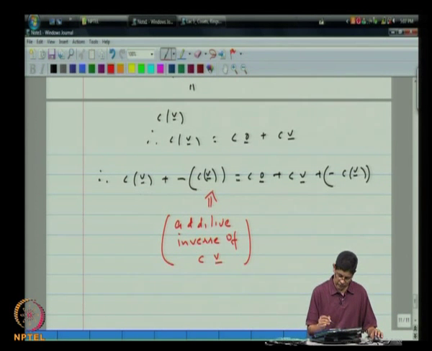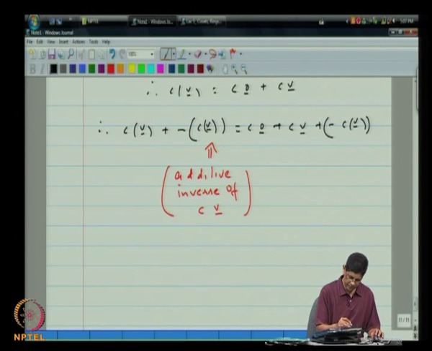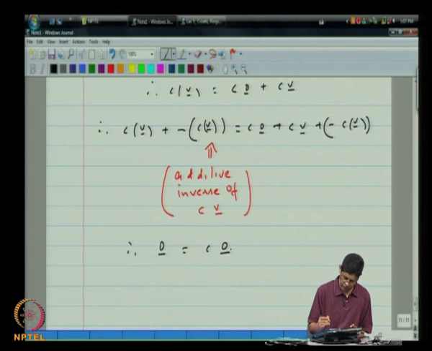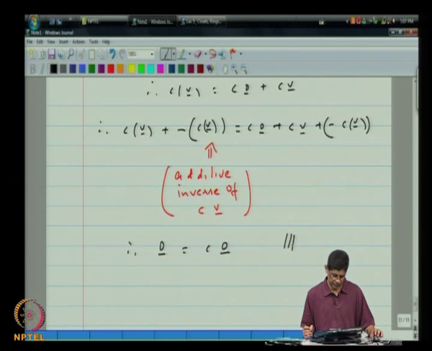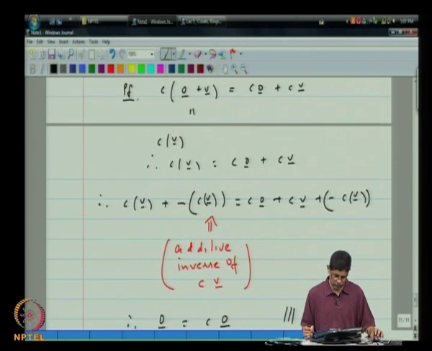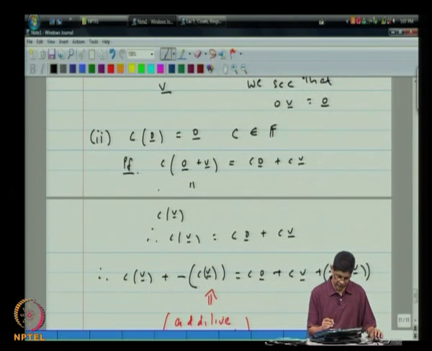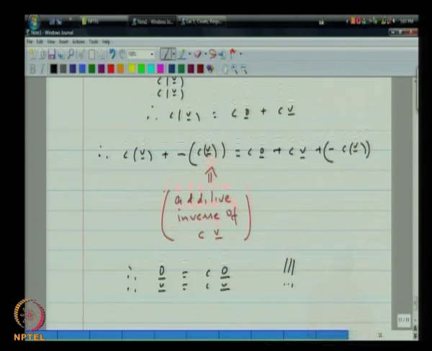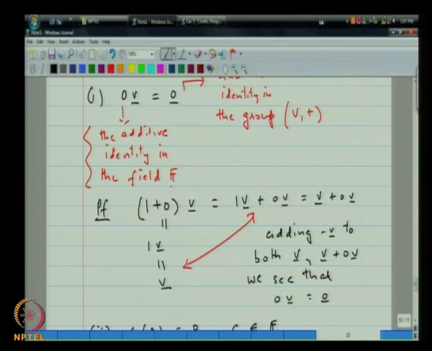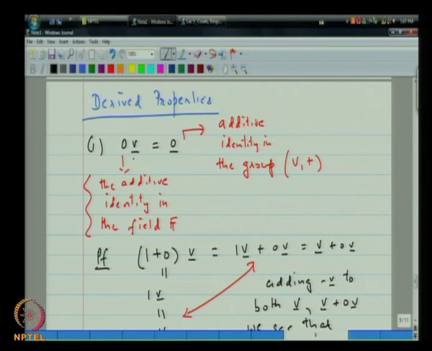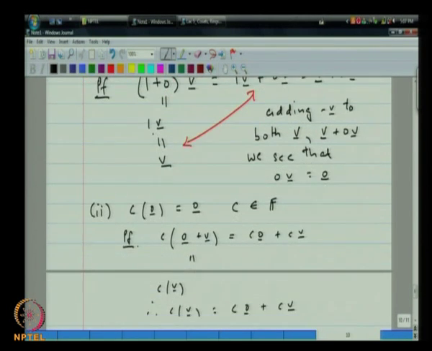And now, of course, this gives you 0 vector on the left, because you take any element and add its inverse, you will get the identity. Therefore, 0 is equal to C times 0, okay, and we are done with that proof. So, to summarize, what we have shown is that C times the vector 0 is 0, and we also showed that the scalar 0 times any vector is 0.